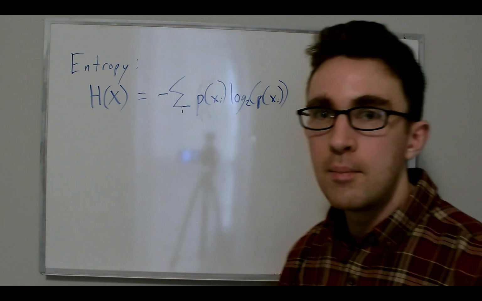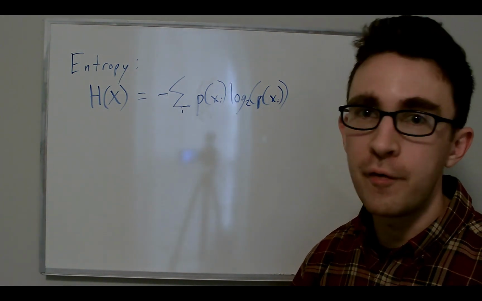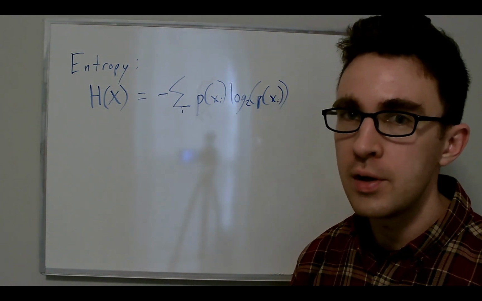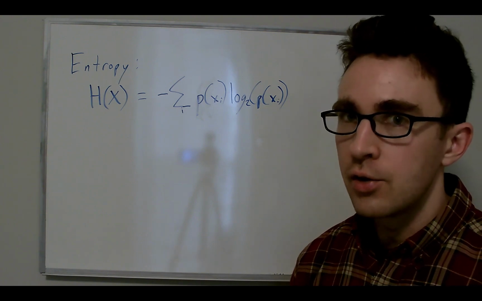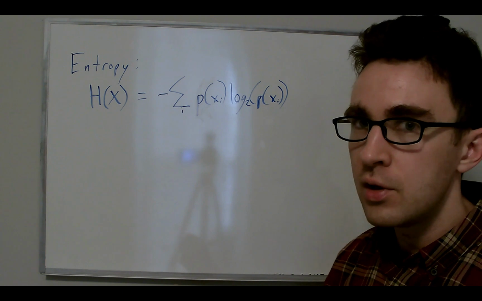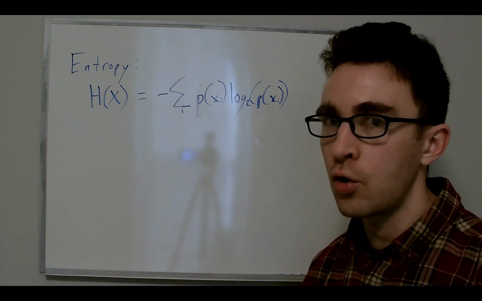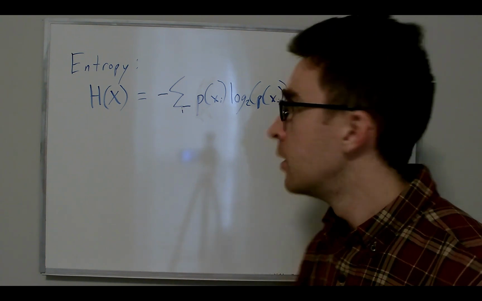I'm just going to give the most basic example ever, a fair coin flip, with probability 1/2 that you get heads and 1/2 that you get tails. Let's compute the entropy on the board for this fair coin flip probability distribution.